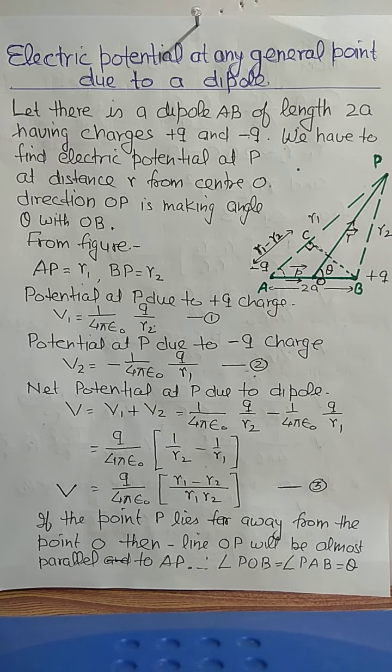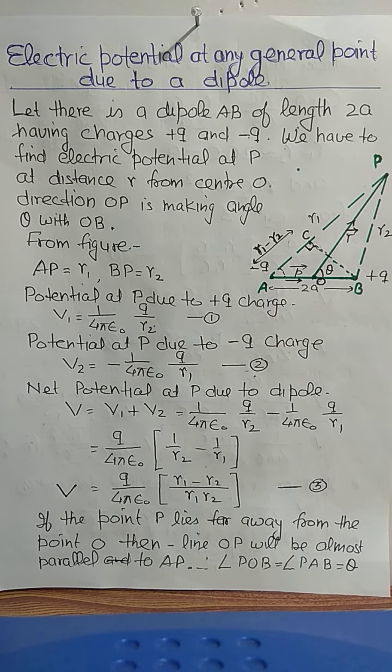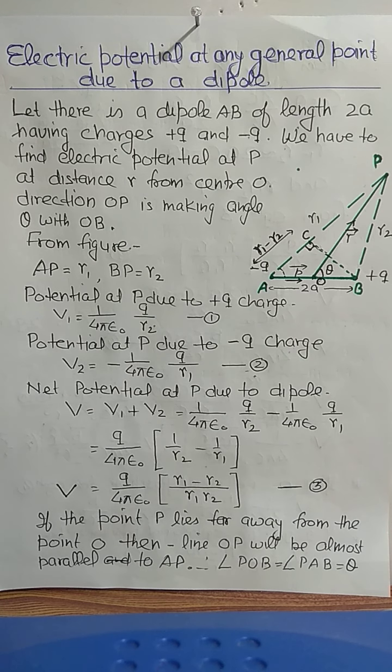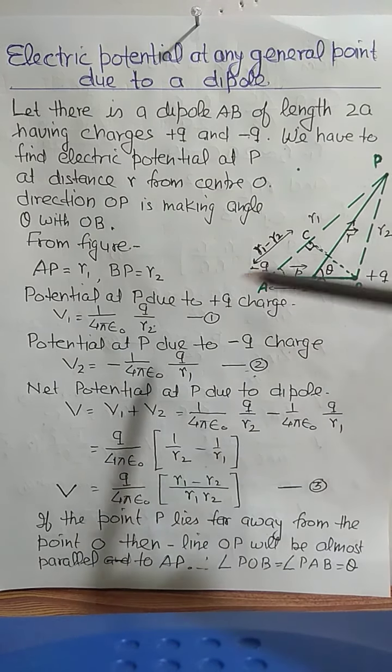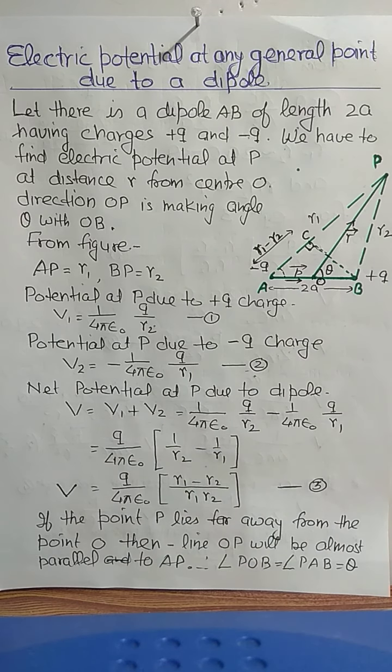Students, if this point P is far away from the dipole, try to understand. If point P is far away from the dipole, then lines OP and AP will become almost parallel.